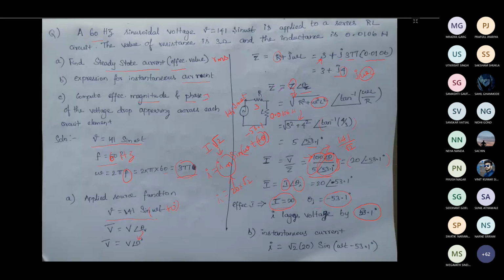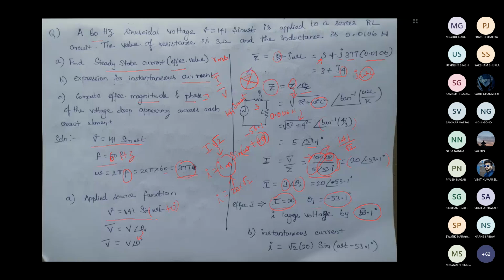One point I wanted you to understand is that even though Z is given as a phasor, the Z phasor is not going to rotate. The current phasor will rotate and the voltage phasor will rotate, but keep in mind that the Z phasor will not rotate.